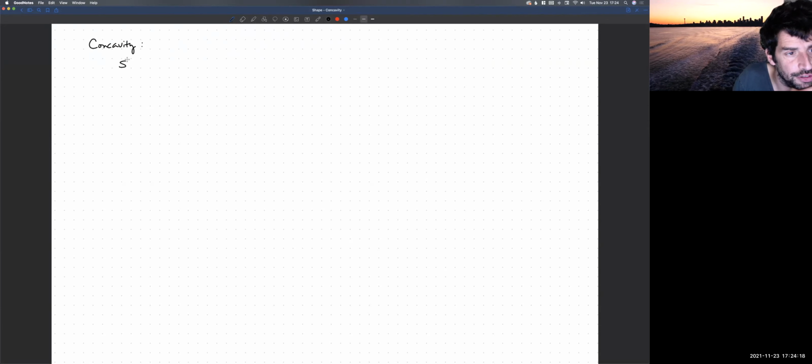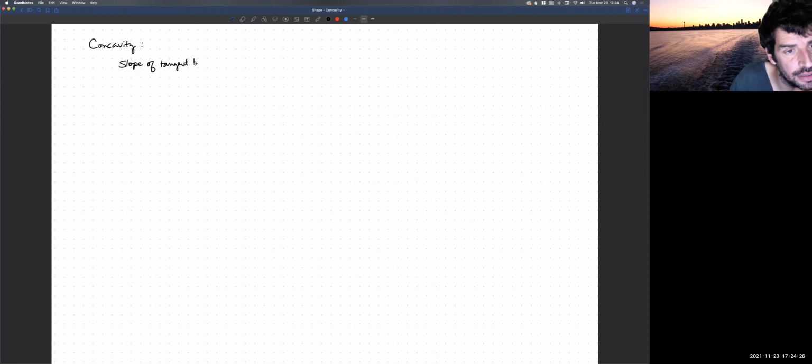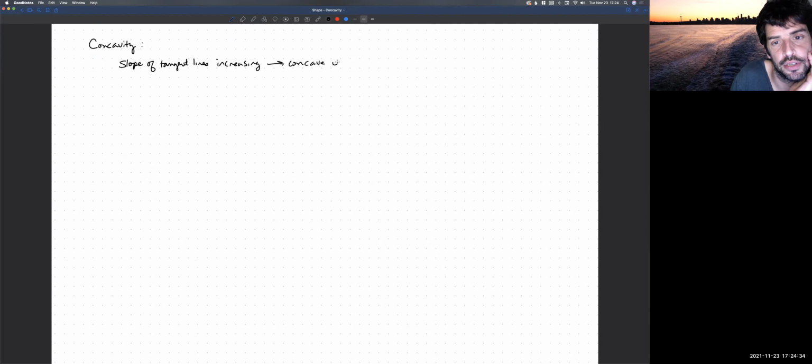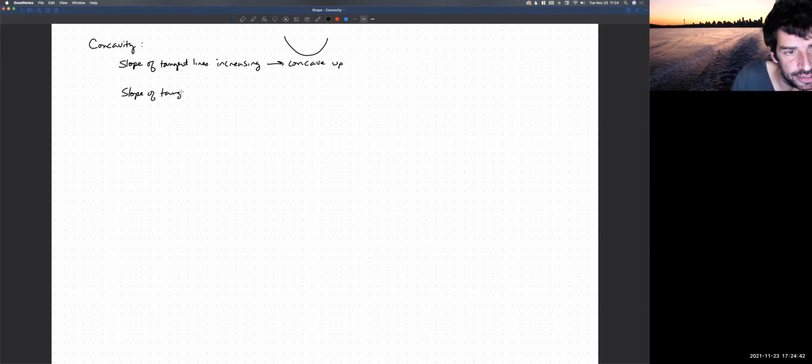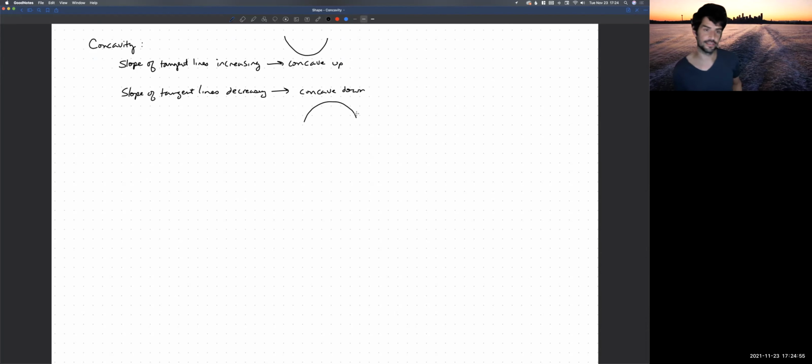If the slope, and I shouldn't say the slope of the function, the slope of the tangent lines of the function is increasing, we call this concave up. And it's a shape like this. If the slope of the tangent lines are decreasing, it's concave down. And our shape is like this.